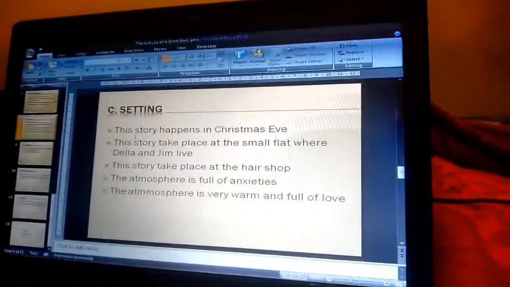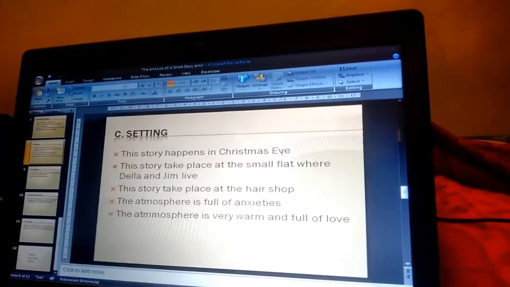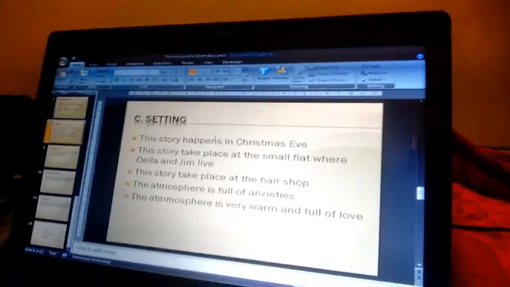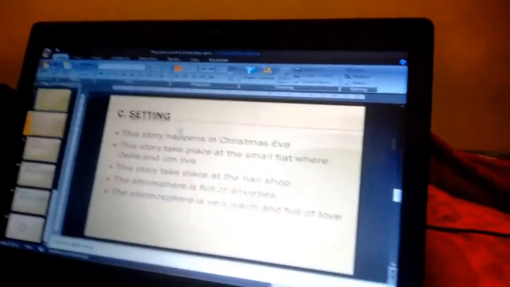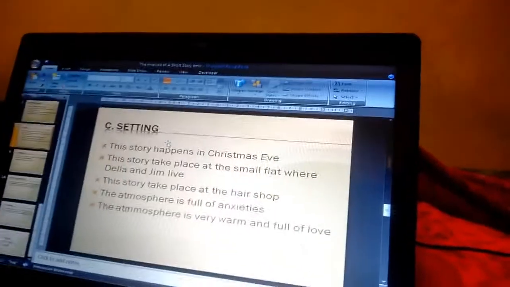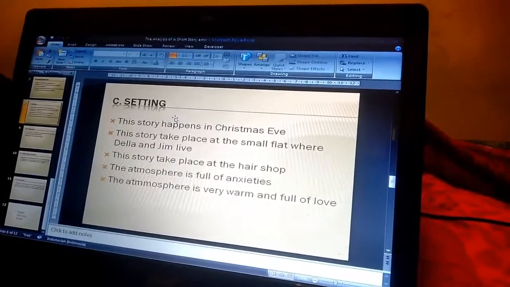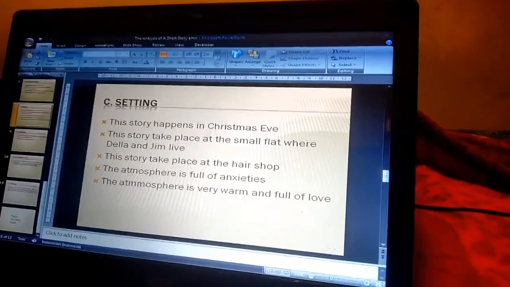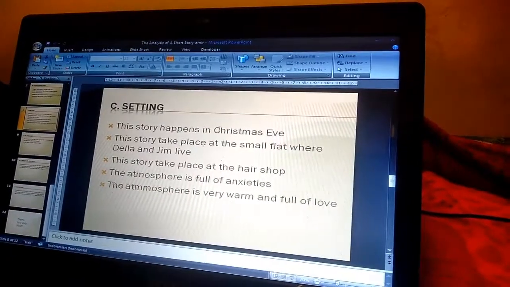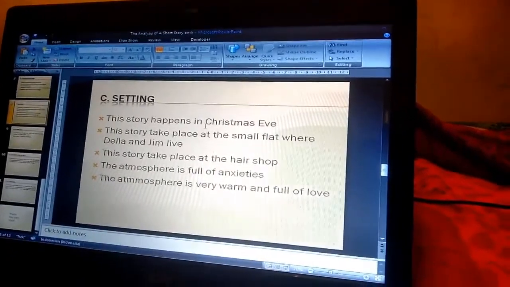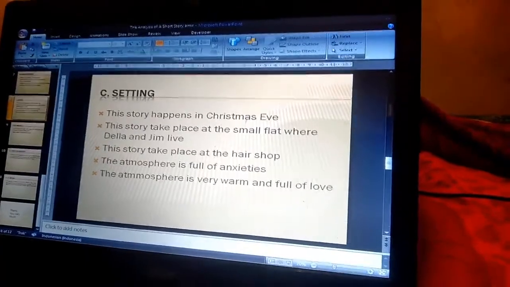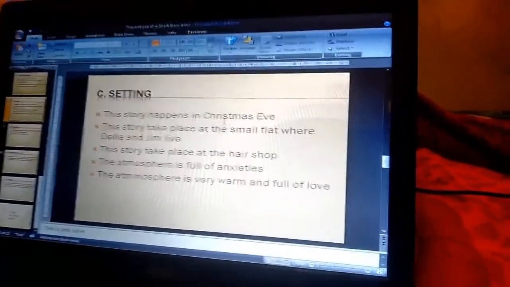This story happens on Christmas Eve. We got Della and Jim trying to buy the gift because the time is sufficiently near to Christmas Day.